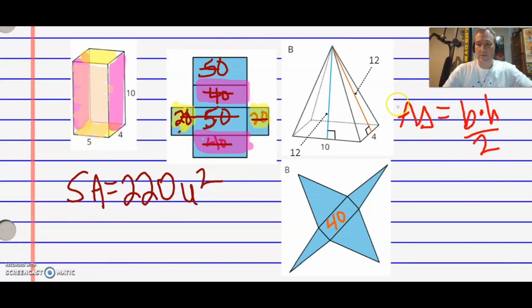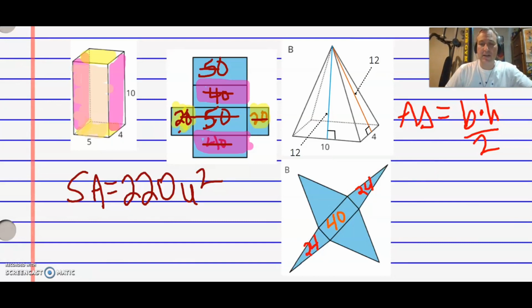Okay? So let's find the area of the skinny triangles. Base is 4, height is 12. 4 times 12 is 48. And 48 divided by 2 is 24. So each of the small triangles is 24.